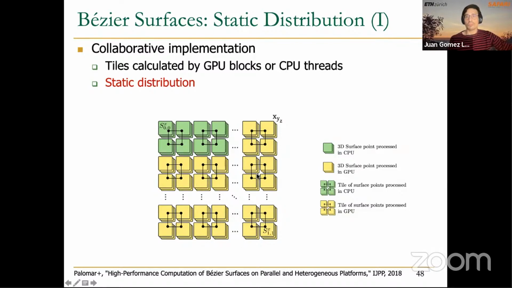We will need to do some, let's say, offline profiling first in order to know the amount of time that is needed by the CPU workers or the GPU workers to complete the execution of each tile or each point in the tile. But once we know that, it's probably going to work well for every surface.